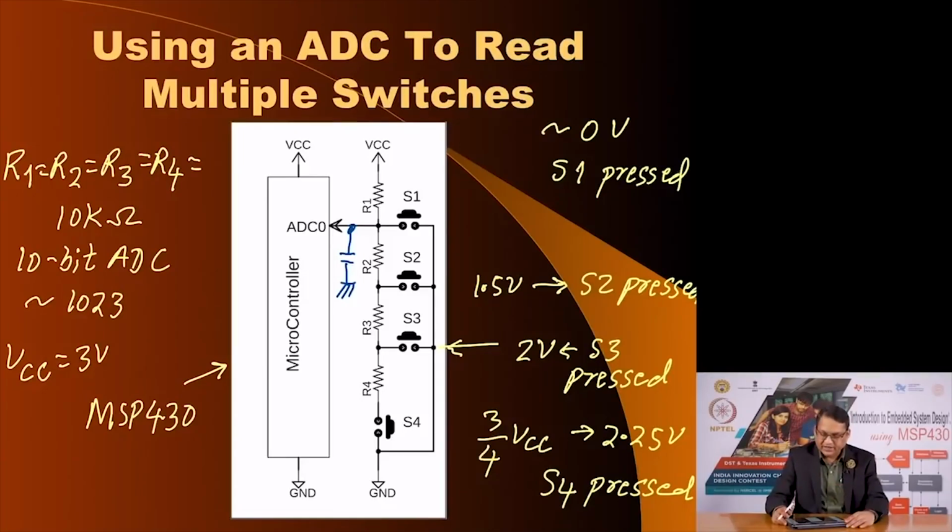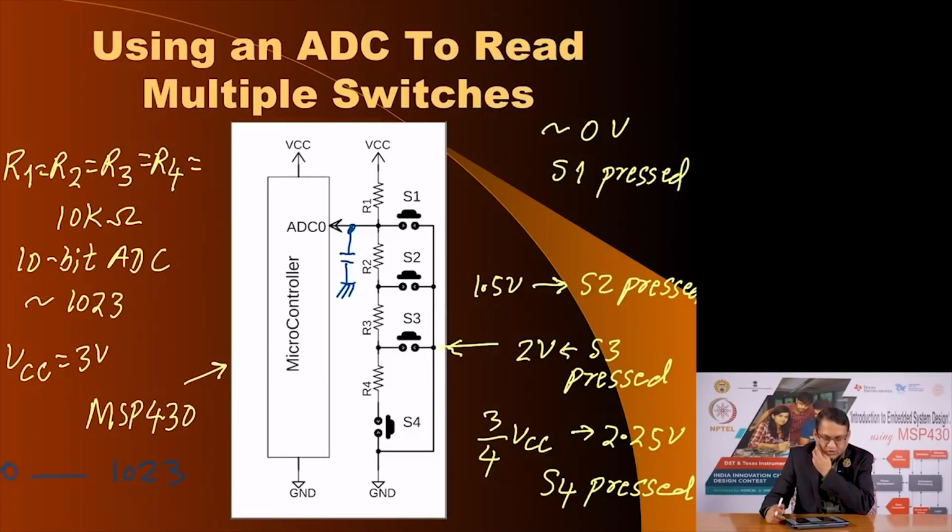And you can extend this technique, but you may not be able to connect too many switches, because the entire range of the ADC, in this case the 3 volt range, has a count from 0 to 1023. As you add more and more switches, you would get a smaller range of numbers.